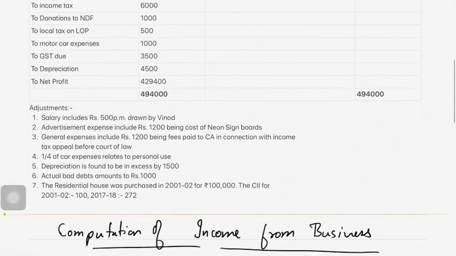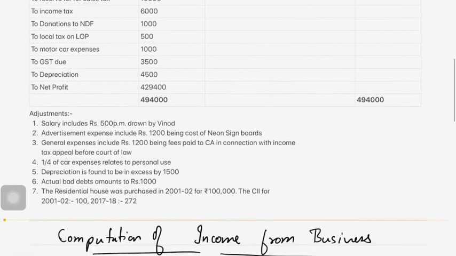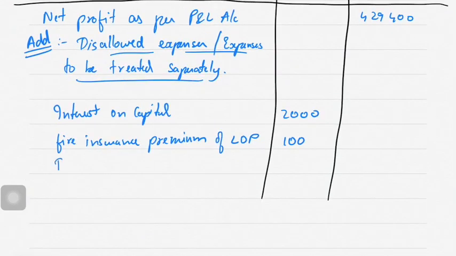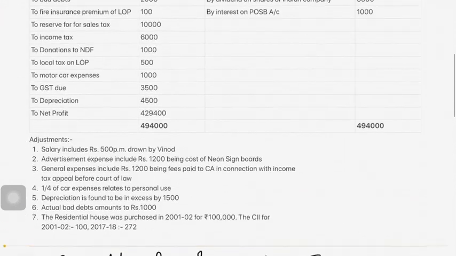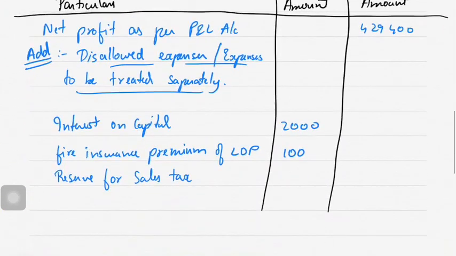Next, reserve for sales tax, income tax, donation to NDF, local tax on LOP, all that you will add back. Reserve for sales tax is 10,000. Then income tax 6,000.